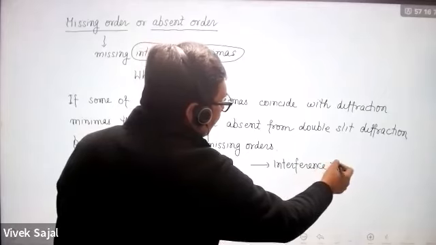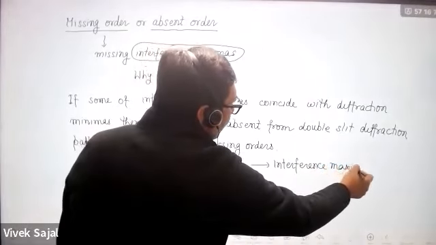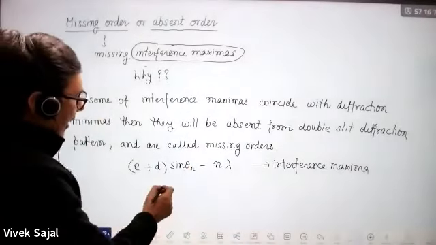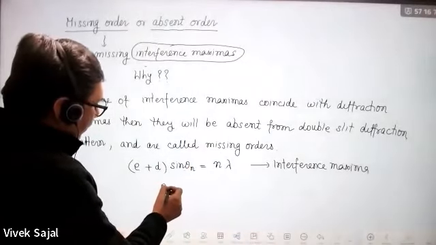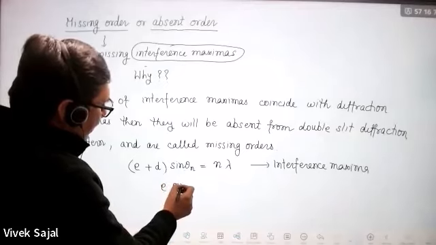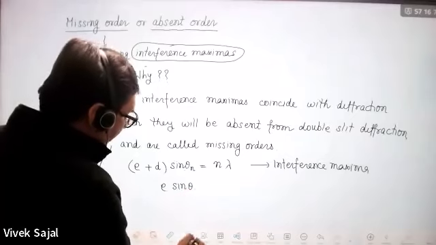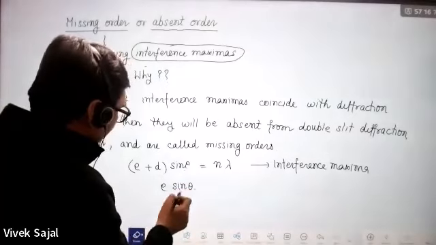Suppose this nth principal maxima coincides with diffraction minima, e sin theta equals m lambda. The angle will be the same, so that's why I'm removing this.